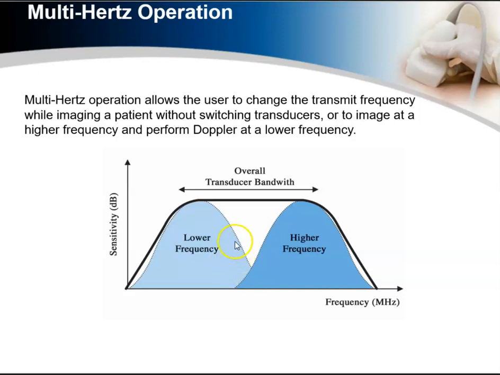If we want higher frequency, we're going to push a button in the other direction, and we're going to use this portion of the bandwidth. That's how multi-hertz probes work.